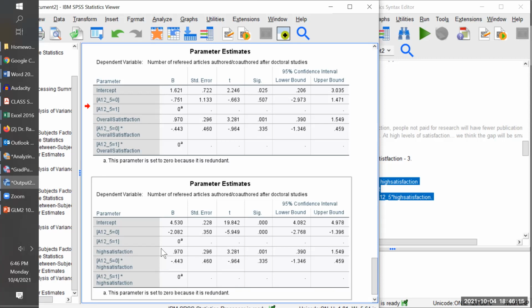If we wanted to know about the relation between satisfaction and publications for people who aren't paid, we'd have to change that 0 point so that we could look at this other slope. Right now, we're interpreting this one because this one is what's 0. If we wanted to see the slope of this line, we'd have to switch what the 0 is.